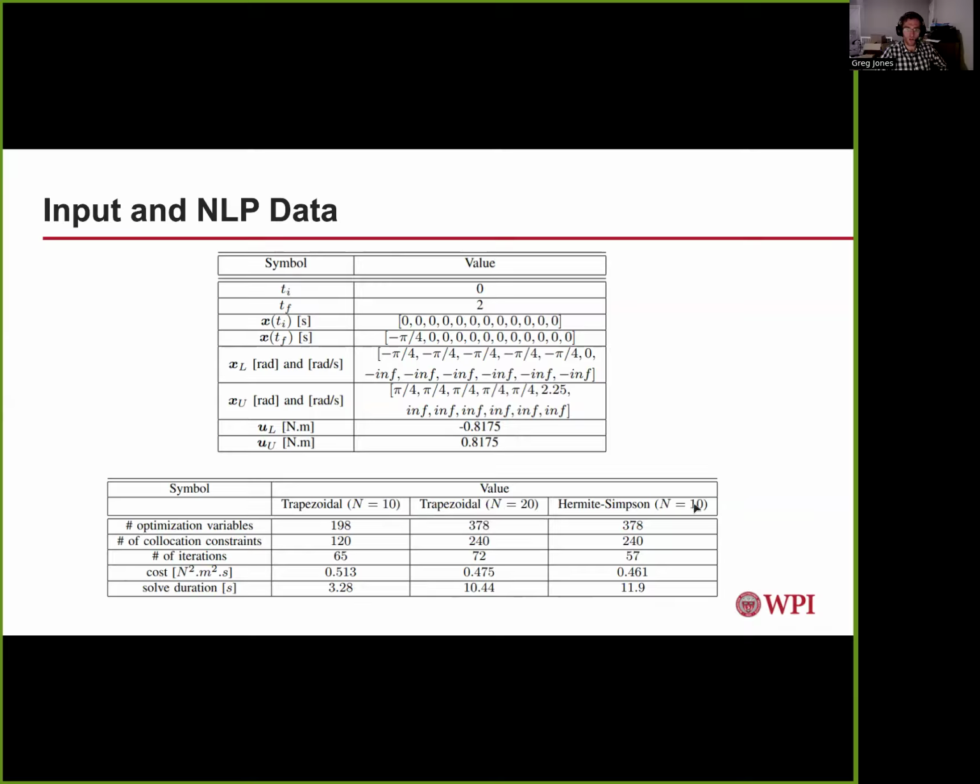Hermite Simpson was just 10. The one thing you'll notice is that doubling the trajectory segments for trapezoidal actually creates a similar number of optimization variables and collocation constraints between trapezoidal and Hermite Simpson.